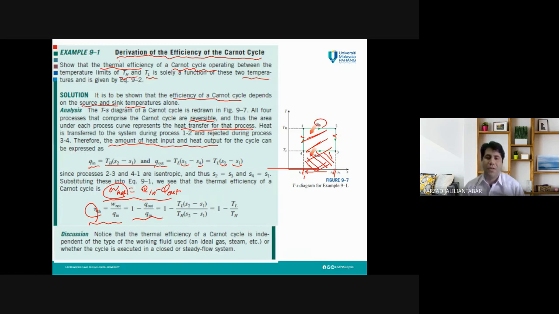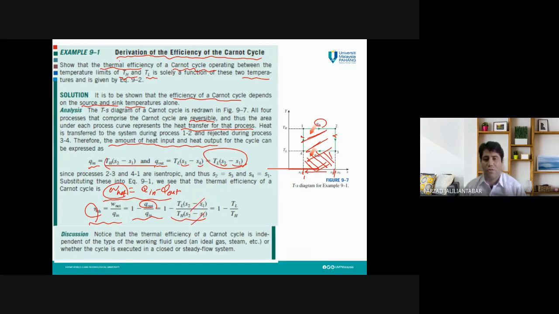So simply, instead of S3 and S4, we can write S2 and S1. Then when we substitute Q out and Q in in this equation, instead of Q out we can write this expression, and instead of Q in we can write this expression.